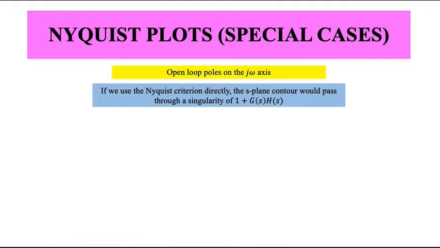This is similar to what we did with the Routh-Hurwitz table. When you get a 0 in any column, or when the entire row is 0, you substitute a very small number epsilon, assume it to be greater than 0, take the limit as epsilon goes to 0, and then do the rest of the computation.